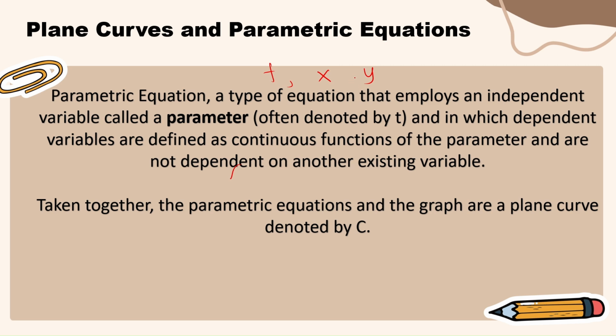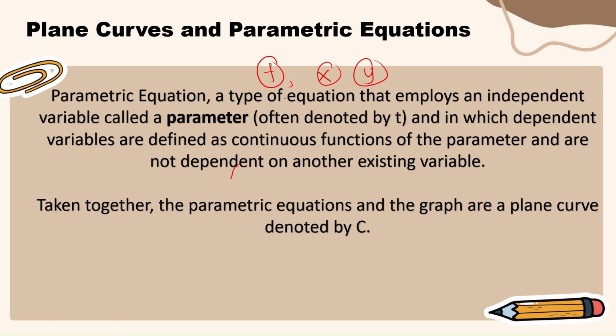Take note that in this topic, x is not an independent variable and y is a dependent variable, but y does not depend on x, because these two dependent variables depend on our independent variable t, which is the parameter. I hope nasundan yun.